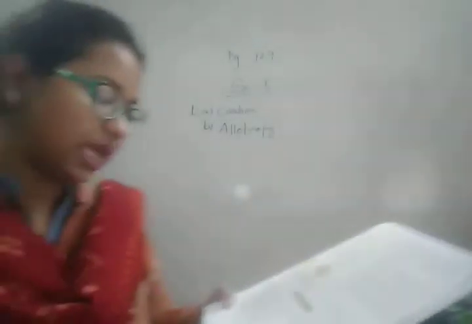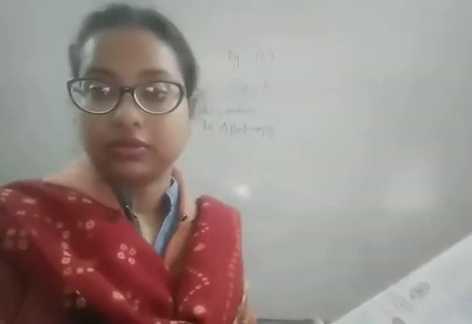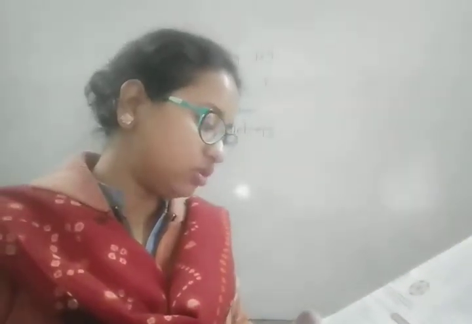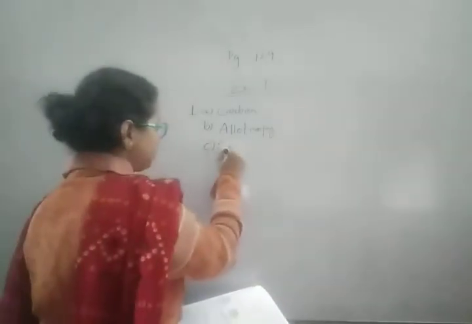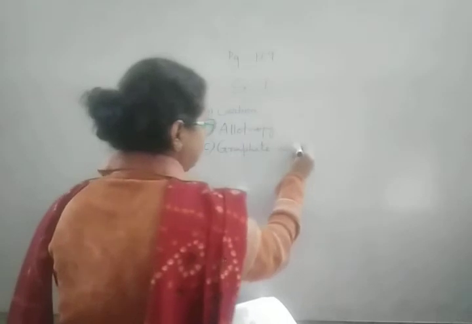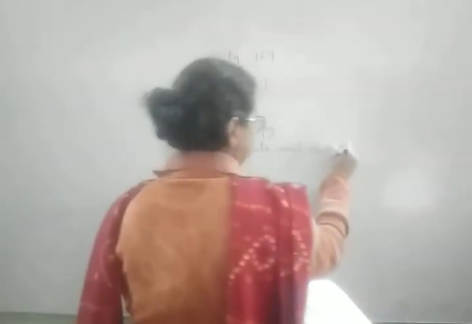Next, dash and dash are the two major crystalline allotropes of carbon. So this will be graphite and diamond.